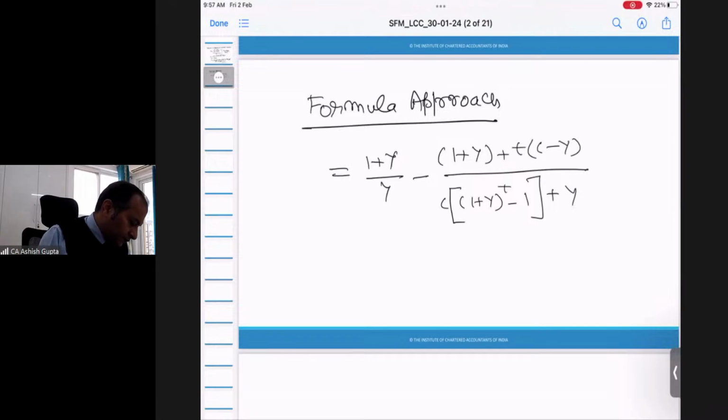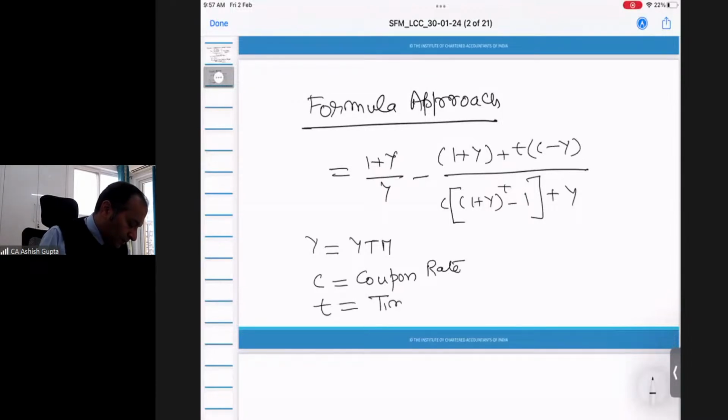Now where Y is YTM, C means coupon. So you can use any of these approaches. There will not be a problem.